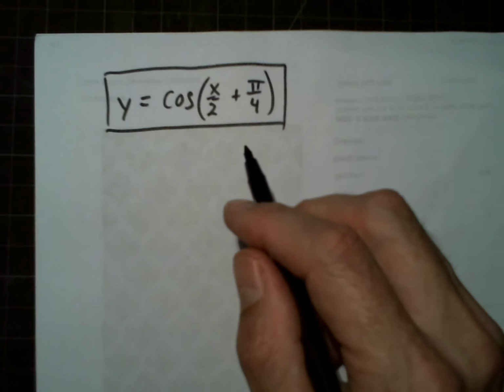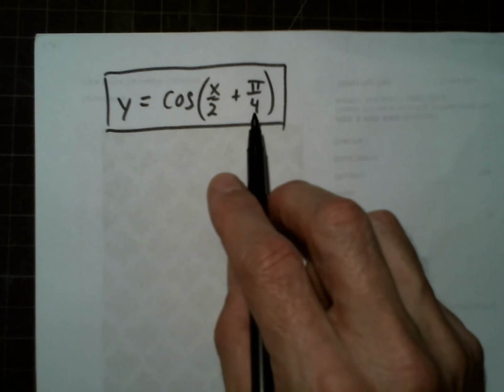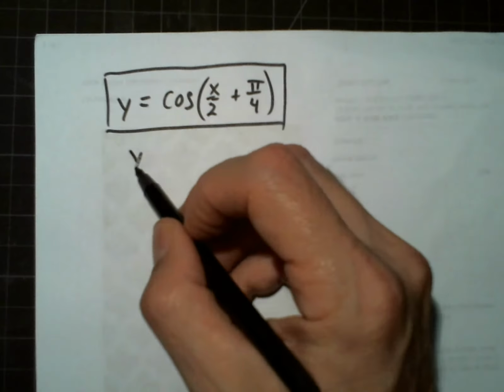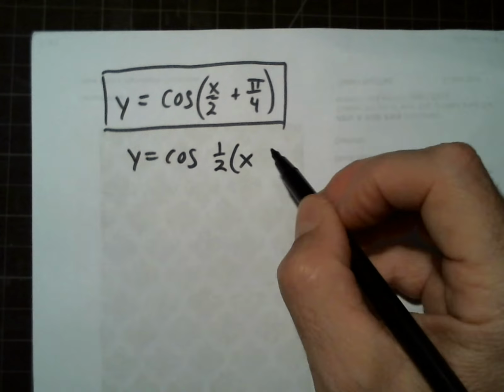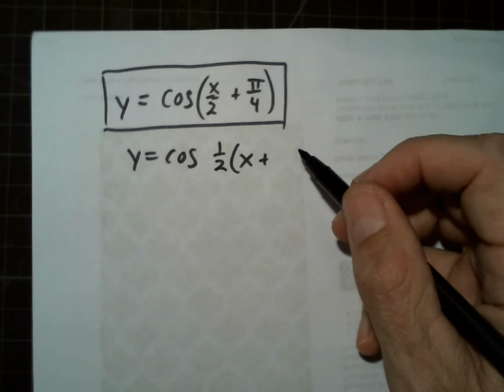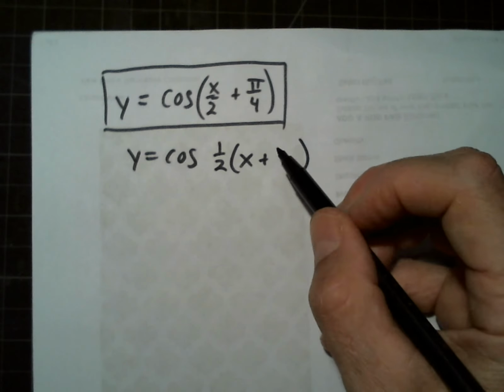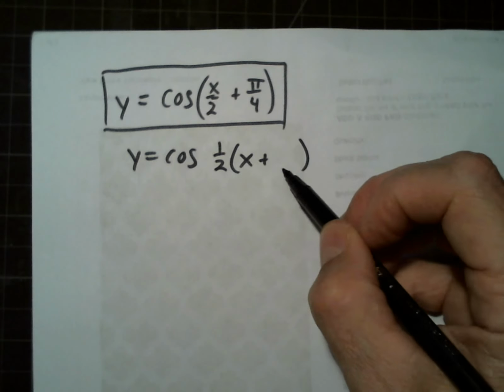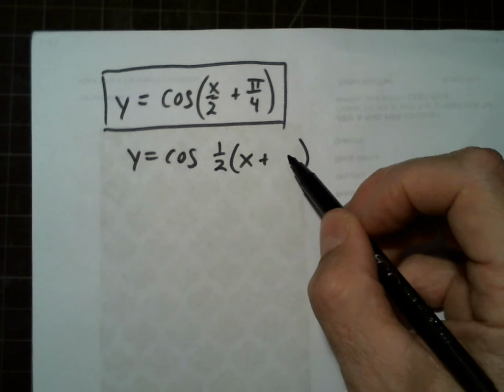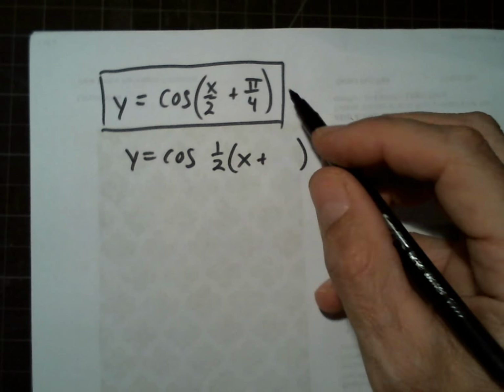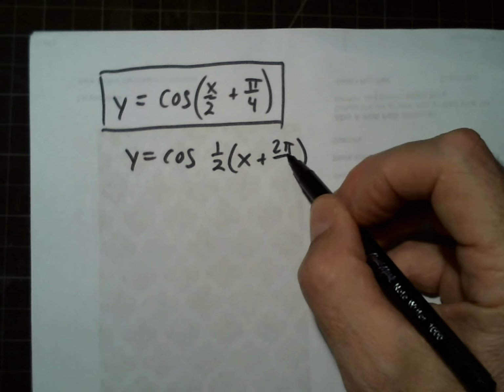This is not the horizontal shift. We have to factor. If you can't figure out what goes there, you can take a guess and then multiply by half and see if you get 2 pi, pi over 4. And here's 2 pi over 4.